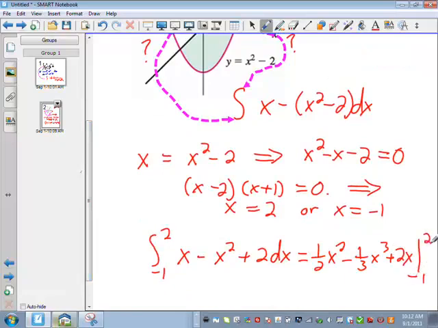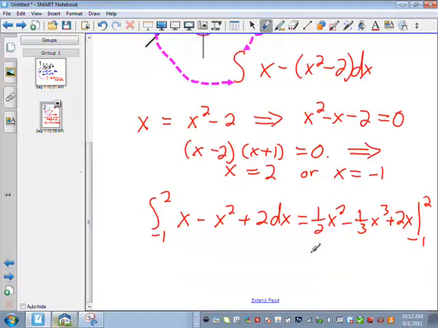Of course, this is true by the fundamental theorem of calculus. So this is equal to 2 minus 8/3 plus 4 minus 1/2 plus 1/3 minus 2. Whatever that is, okay?